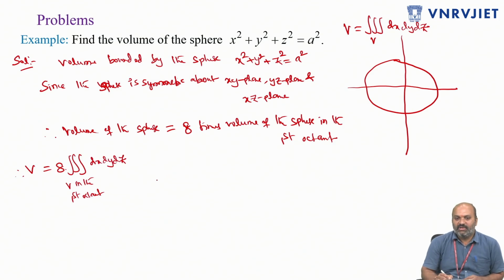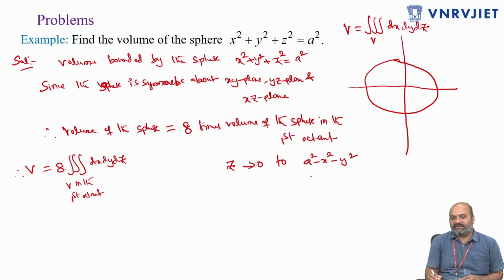We are considering only the region of integration in the first octant, which means all the lower limits are always 0. Remember. What are the limits for z now? Z varies from 0 to root over a square minus x square minus y square.